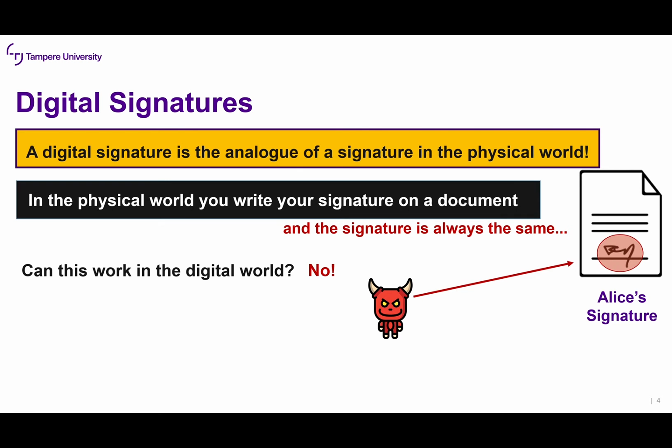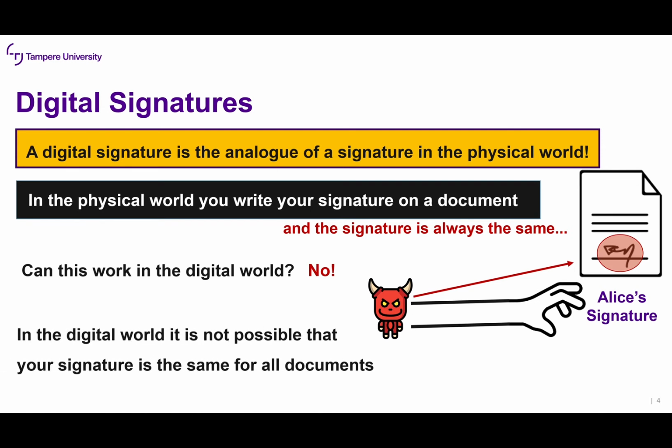You can imagine it either as text or a single extra file attached to a document, and by accessing this signature, she is basically having direct access to Alice's signature, which means that she can start reusing it. So in the digital world, it's not possible that your signature is the same for all documents. Otherwise, Eve could sign documents on your behalf, and this is something that we must avoid.